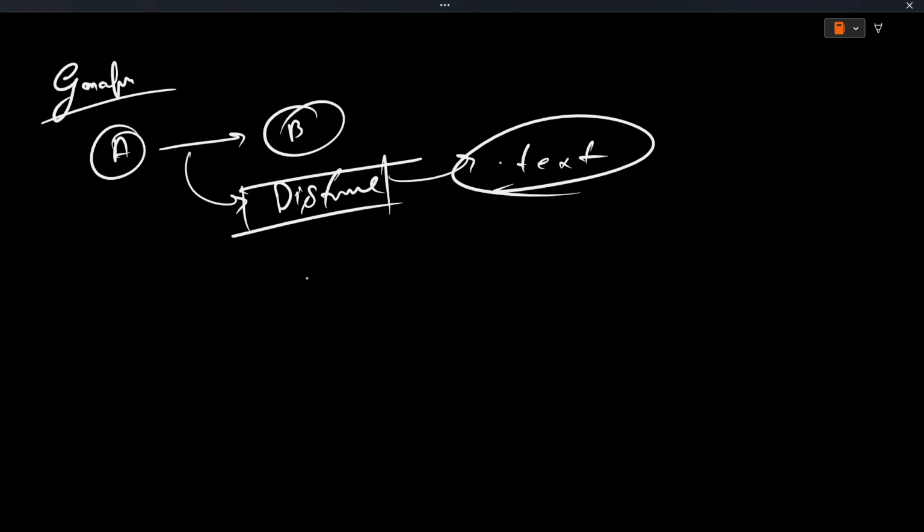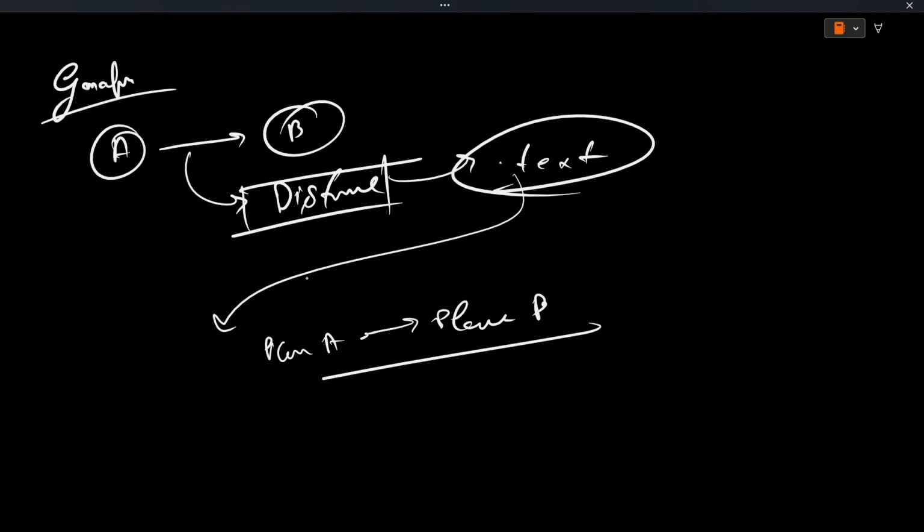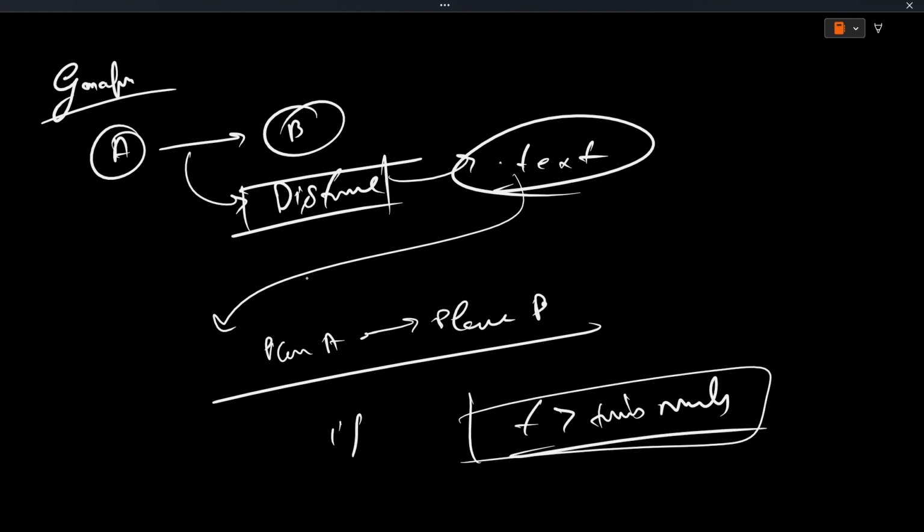Then this will give me the distance from place A to B, and then I will divide it by time, and I will give the conditions, like if time is greater than this much, then this should be greater than this much, and so on.